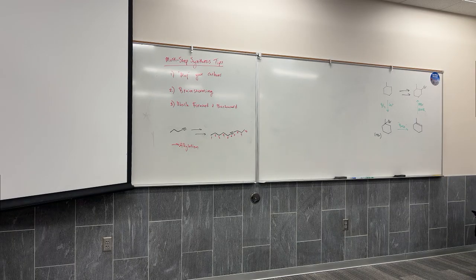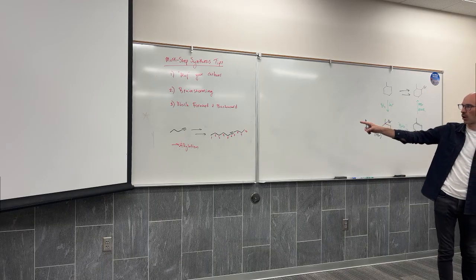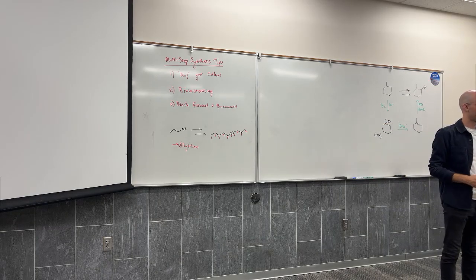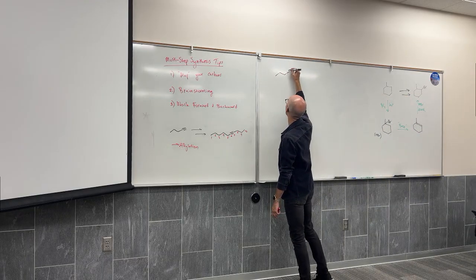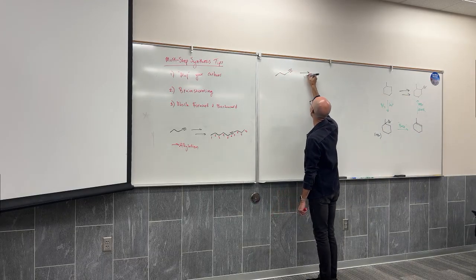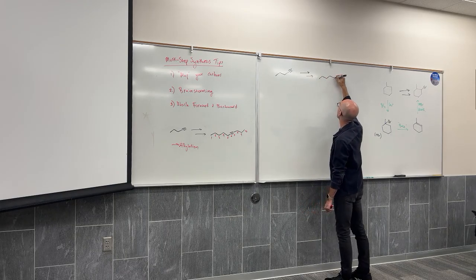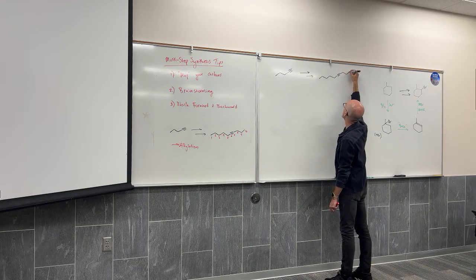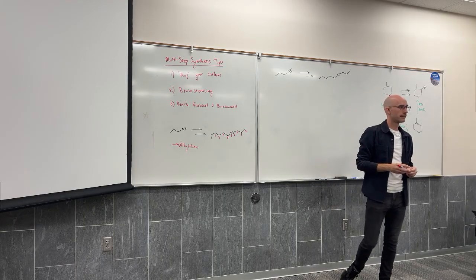Work backwards. What can you make that from? Map your carbons. Where are those 10 carbons in the starting material? In order to then alkylate this or that.